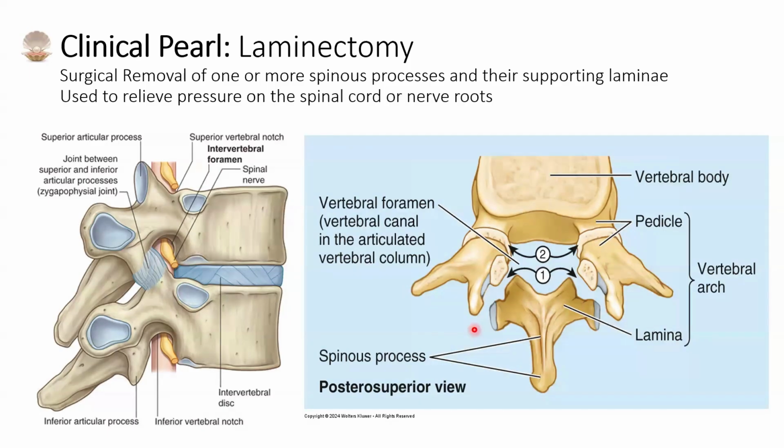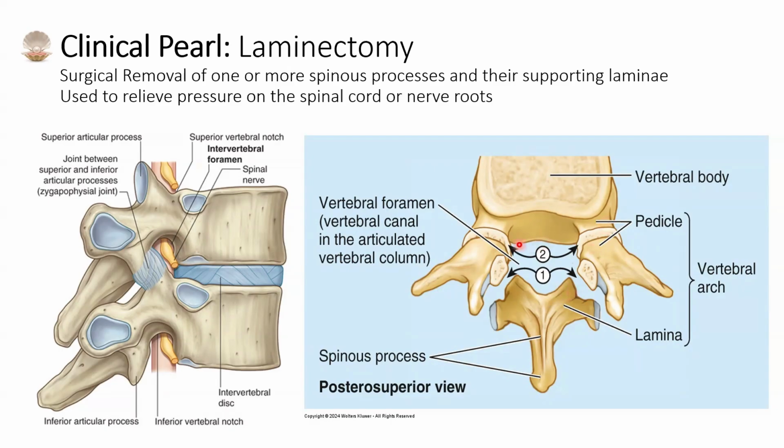If somebody gets too much compression on their spinal cord or spinal nerves in a particular area and conservative measures have failed, they may require surgical removal of one or more spinous processes and their supporting lamina to relieve the pressure off the spinal cord, and that's called a laminectomy.